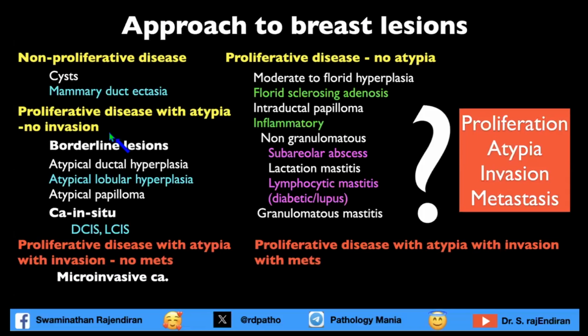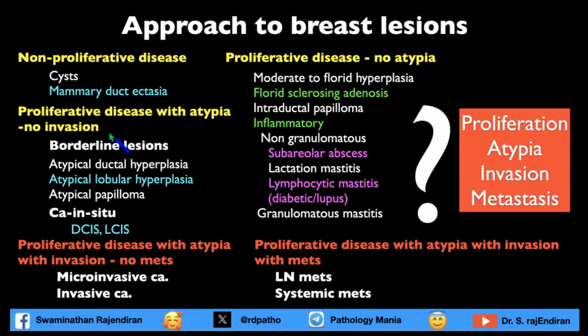When there is invasion, we have to measure the invasion, and if it is less than 1 millimeter, we call it microinvasion, and if it is more than 1 millimeter, we call it invasive carcinoma. The metastasis can be regional metastasis like lymph node, or systemic metastasis to other organs like lung, liver, brain.